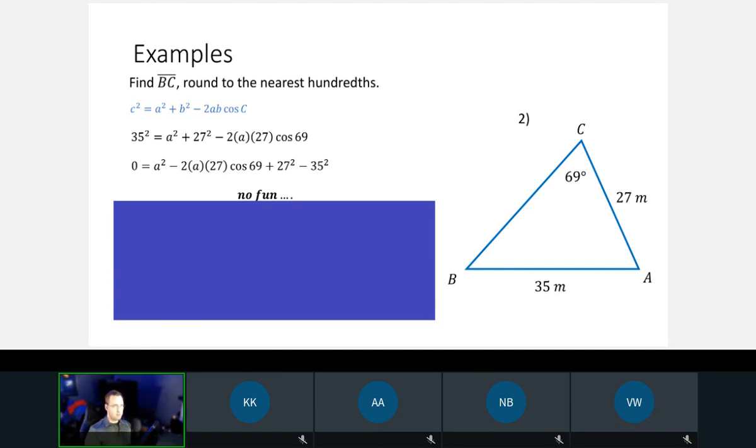And you think, well, maybe I could just factor this using the simple method or whatever you guys called it in past math classes. But it's not so easy to factor because we have large numbers, we have a cosine in there, and it's still no fun. Well, one thing that always works is what? What formula did you learn probably in grade school that you can use to solve quadratics?